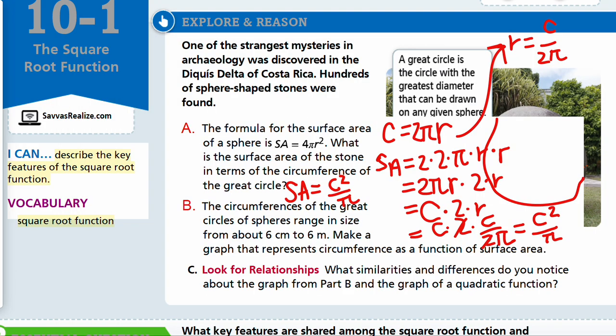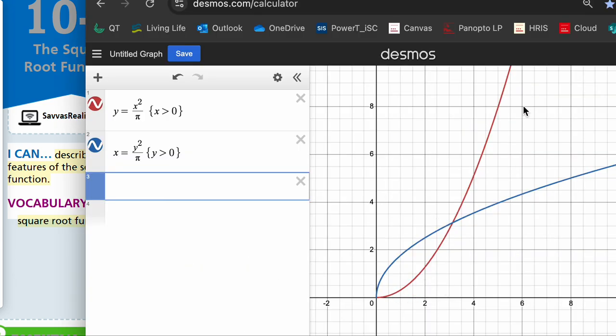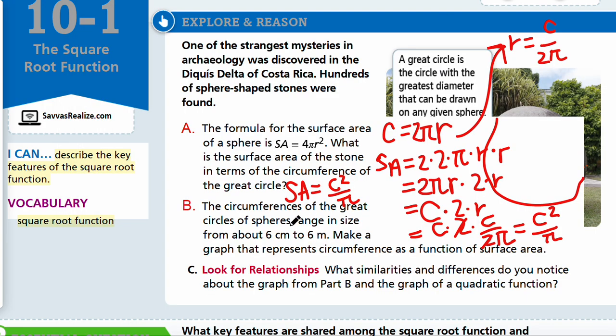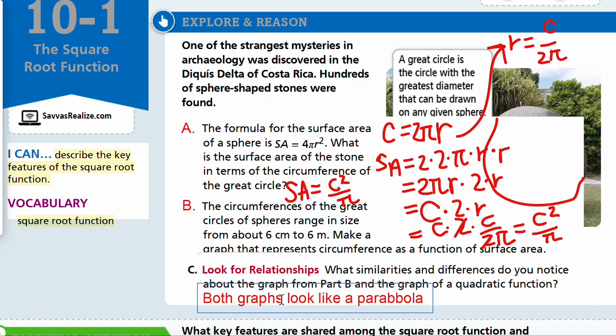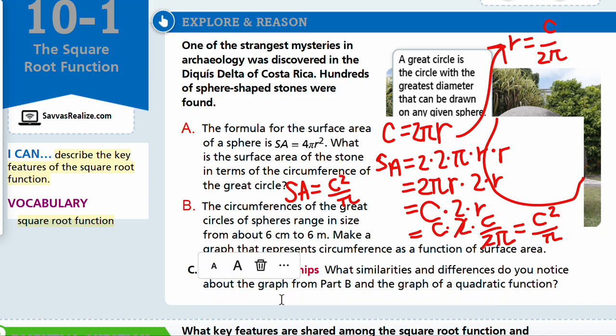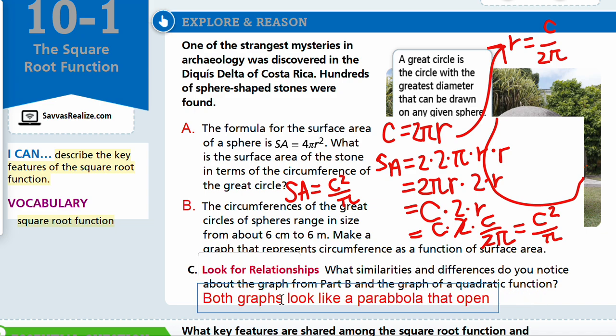The graph appears to be half of a sideways parabola that opens to the right instead of up or down. So that's how I would word it. Well, we can say both graphs look like a parabola that opens halfway.